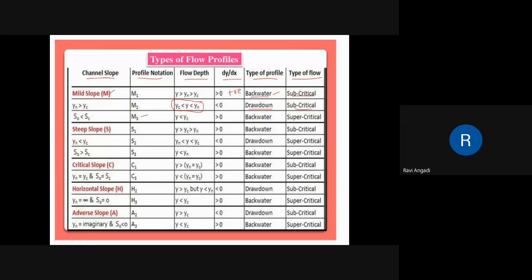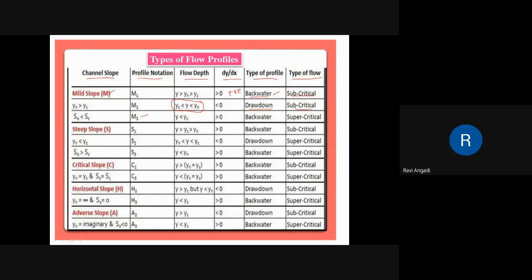There are two types of profiles, as you know, drawdown or backwater. Drawdown means a decreasing curve, and backwater means an increasing curve. If dy by dx is positive, it means increasing; negative means decreasing.